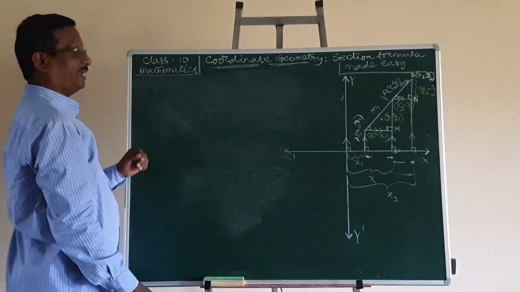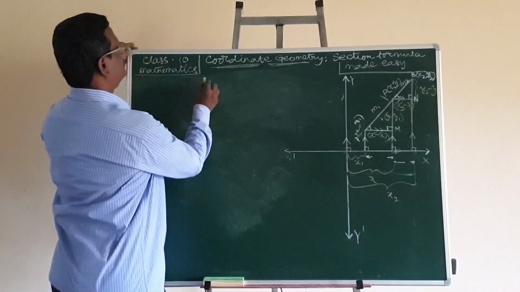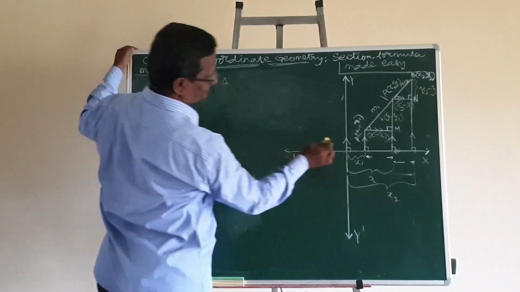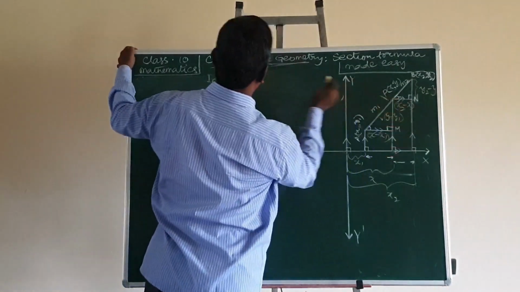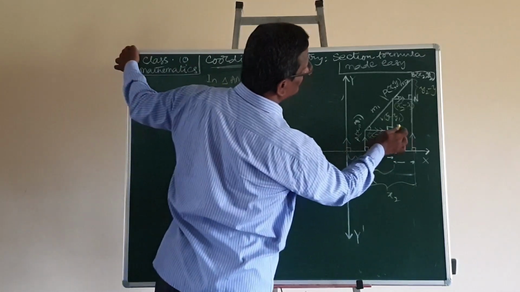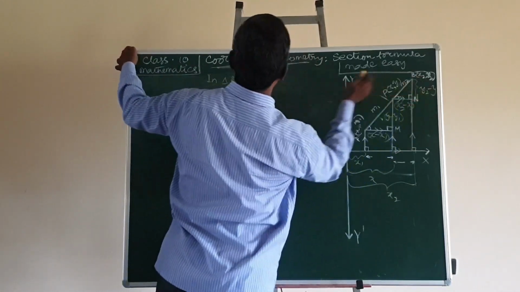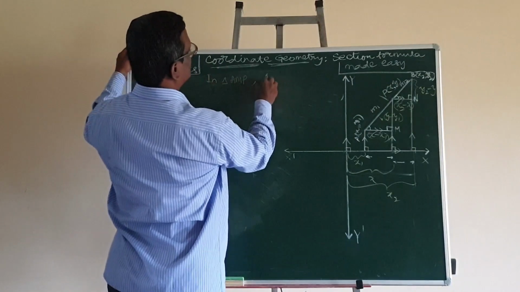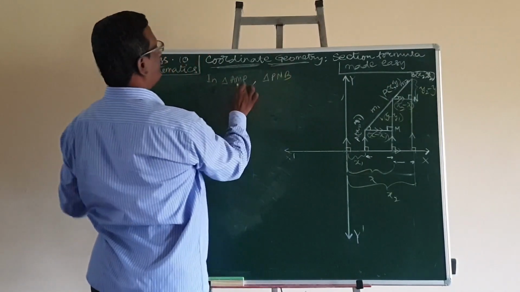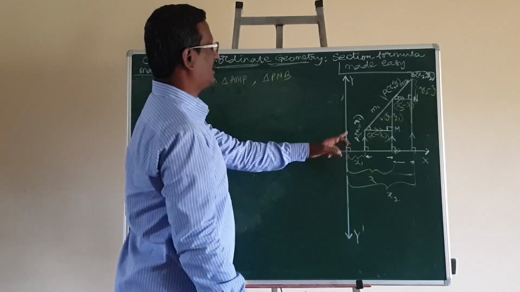Now, the two triangles, let us prove they are similar. The names of the two triangles: triangle AMP and another triangle PNB. AMP and PNB are the two right triangles.